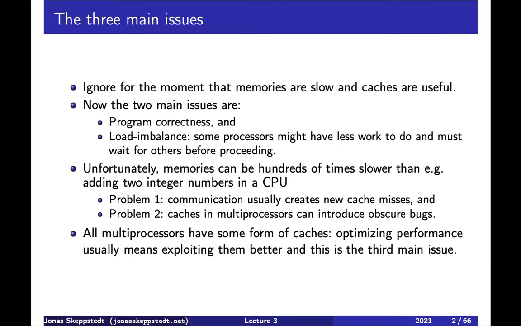If the receiving actor happens to be executed on the same CPU, then there will be no cache miss. But if it's on a different CPU and a different cache, the data obviously must be copied to the destination.